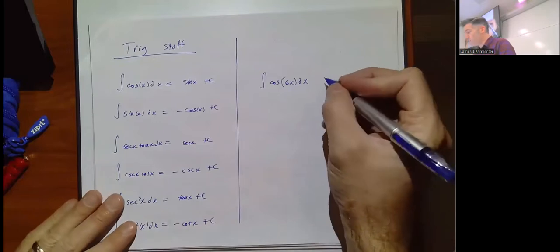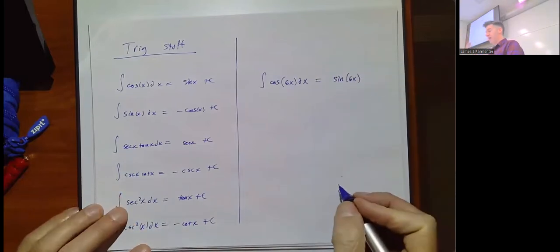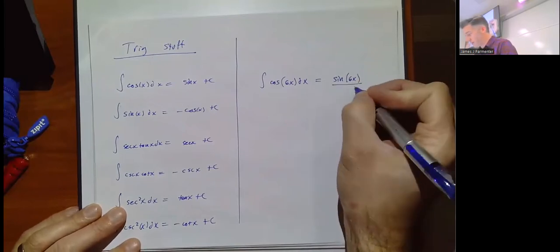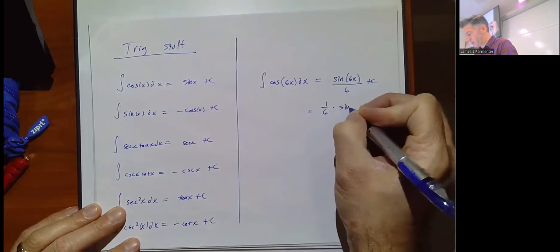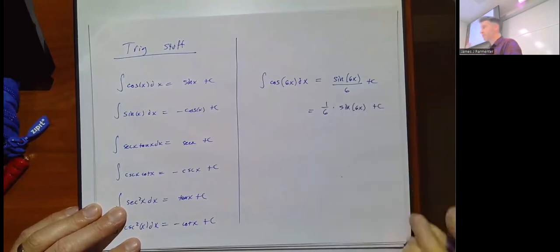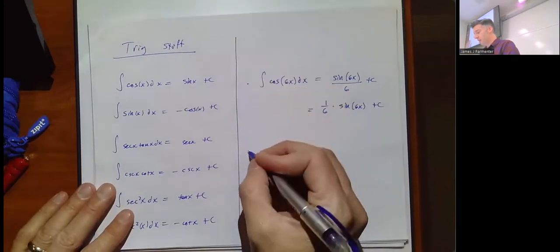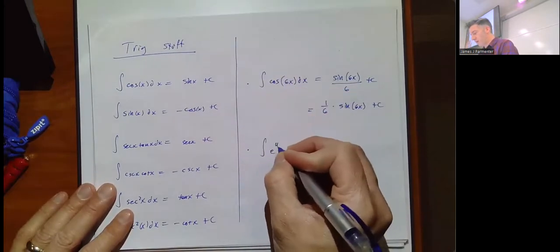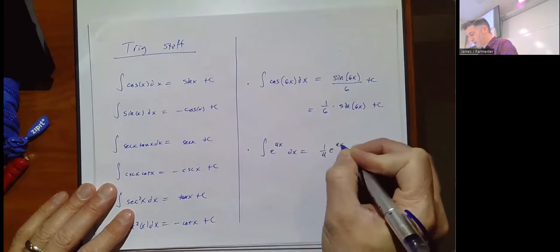But we can also be like, we know how to do this. This is going to be sine of the same stuff, but then I have to divide by 6. Or if you prefer, say 1/6 times sine of 6x. For the same sort of reason, we've been saying the integral of e to the 4x is 1/4 e to the 4x.